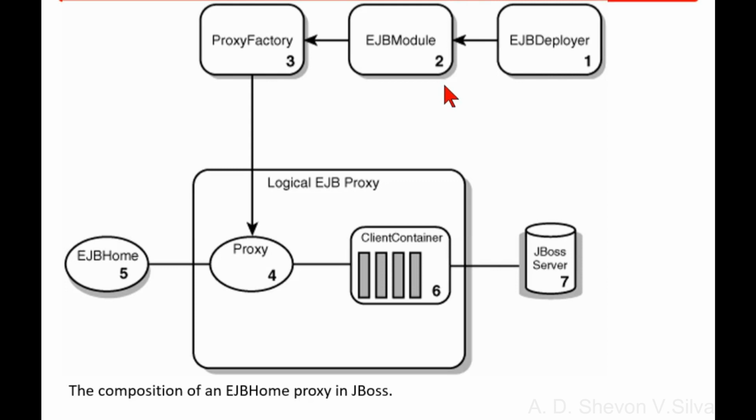There can be multiple proxy factories associated with an EJB, and we will look at this more closely shortly. The proxy factory constructs the logical proxies and binds the home into JNDI.